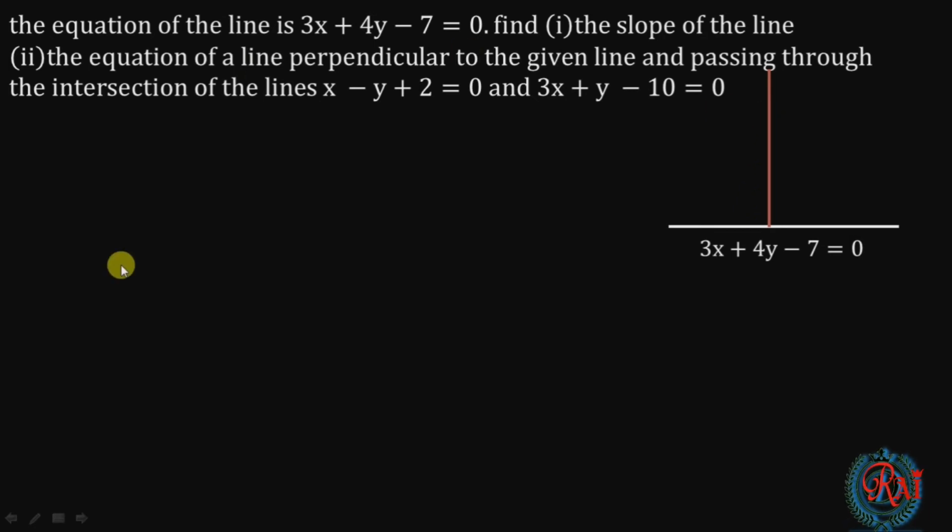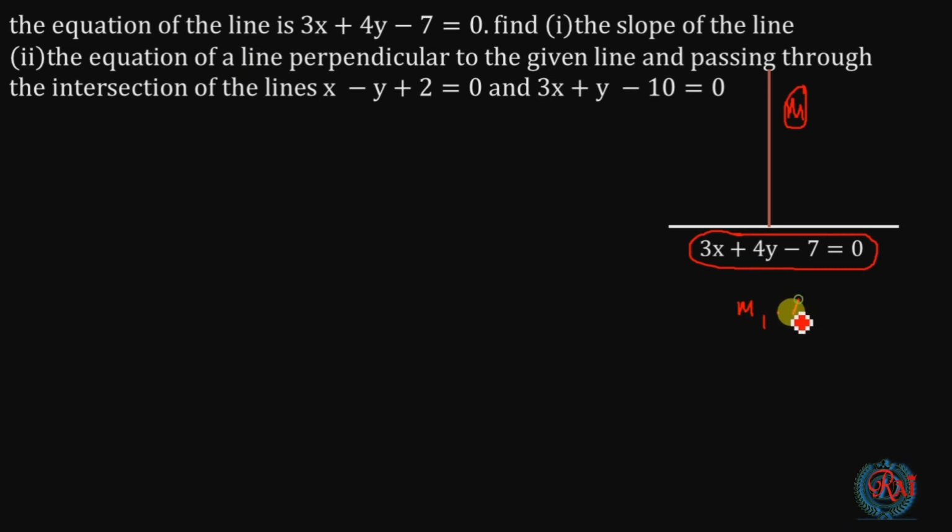For that I need the value of m, and we can easily calculate it with the help of this equation, because these two lines are perpendicular to each other. So m1 into m2 equals minus 1.